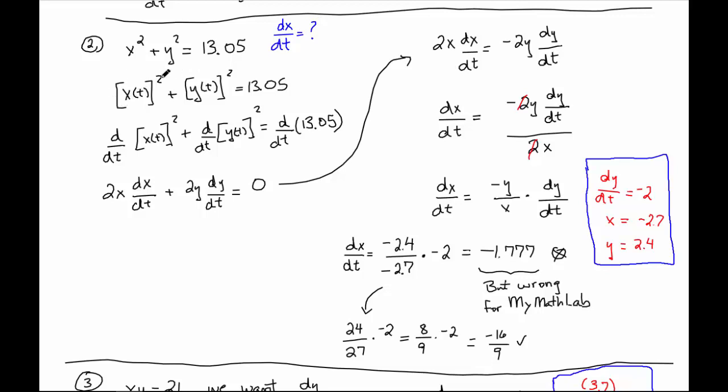X of t squared, y of t squared, equals 13.05. We differentiate all the way across with respect to time. Again, the derivative of the constant is easy. That's just 0.